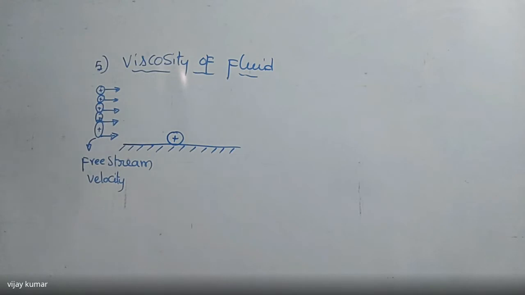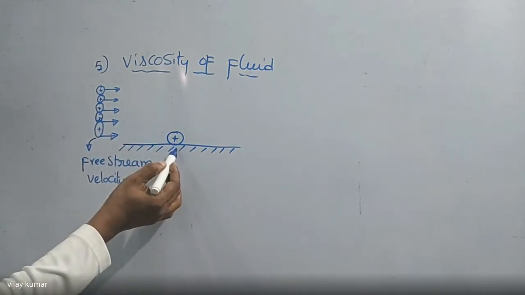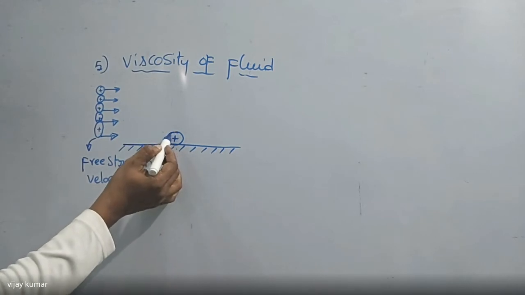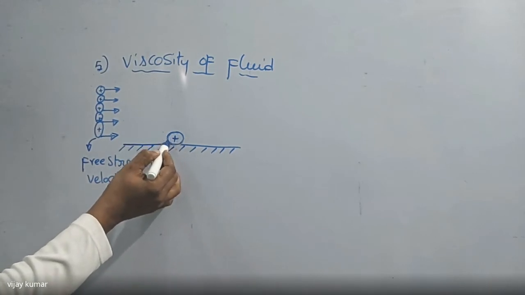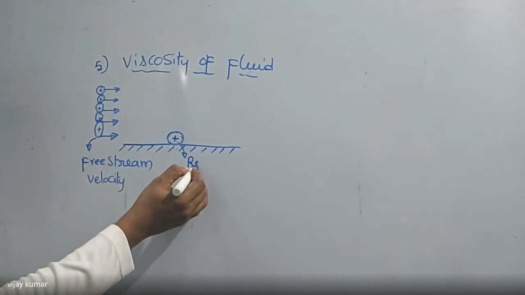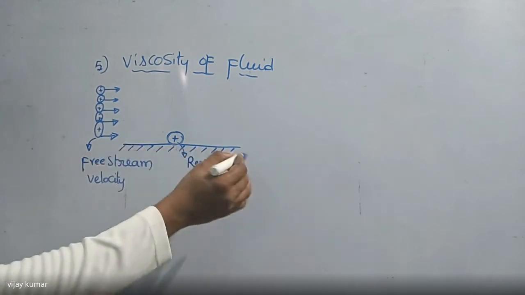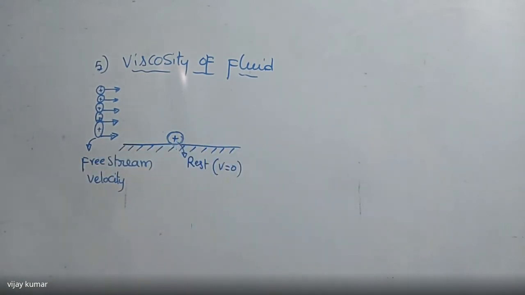The boundary is at rest, and this particle also comes to rest when it is in contact with the boundary. So its velocity becomes zero. Why? Because the boundary velocity is also zero. So the fluid particle in contact with the boundary is also equal to zero.